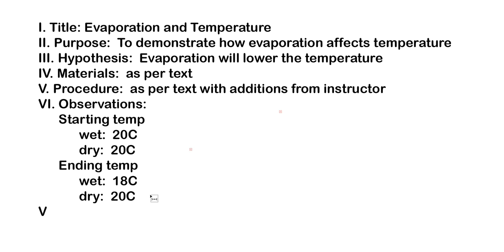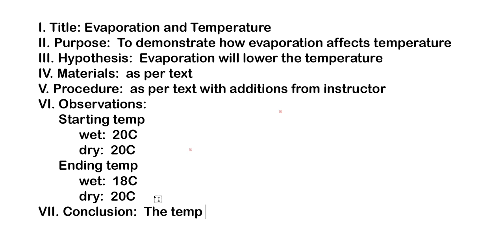Roman numeral number 7. Conclusion. Why is this the most important part of the lab? Well, it's worth half your lab grade, so if you forget to do it, you've lost half your lab right there. So, okay, conclusion. What do we do in our conclusion? First thing we do is restate what happened.